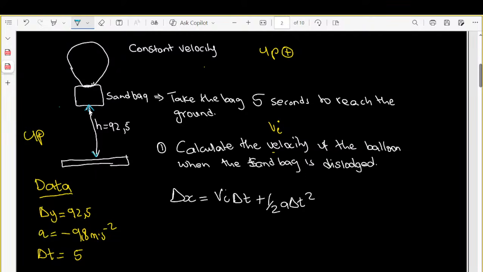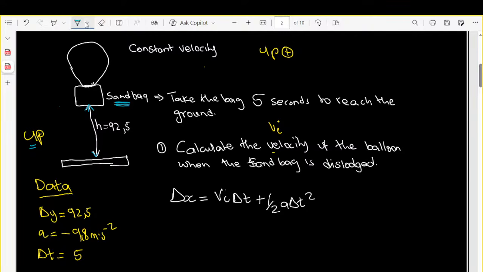It is the height where the sandbag is released. So now where is this sandbag going? It's going down. So this tells you that your height is acting downwards. So we said we take up as positive and the height is acting downward. Therefore, we need to substitute this as negative 92.5. You see, if you don't understand this one, then you're going to have a problem. If you don't understand this part, you're going to have a problem.